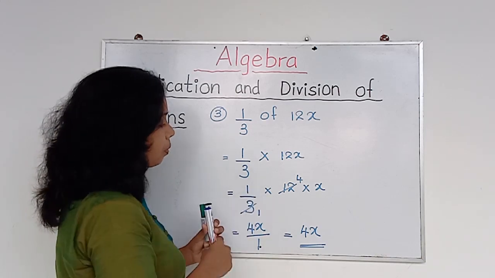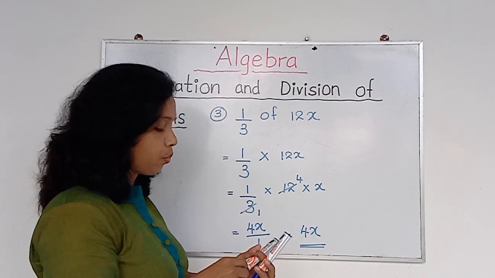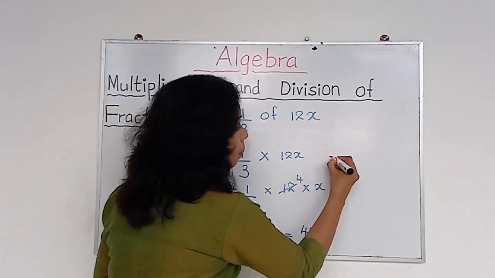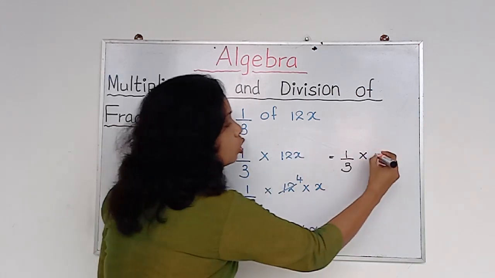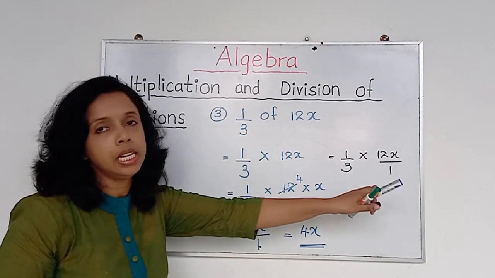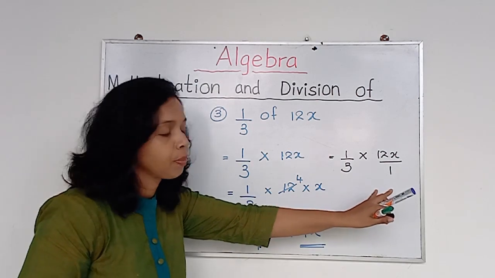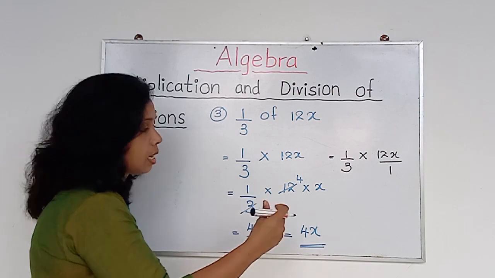So here what I did, if needed, you can follow this step also. 1 over 3 times 12x over 1. You can write it like this also if needed. Without writing that, I just simplified it and took the final answer.